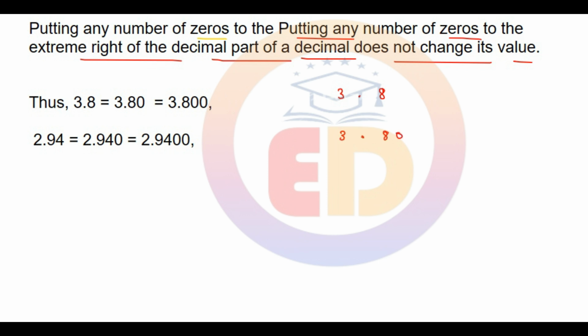Now what I have done is placed a 0 on the right side of the decimal part number 8. And if I write one more 0, this is 3.8, 3.80, 3.800. Understand that numerically they all are equal. Their value is the same. However, their decimal places are different.